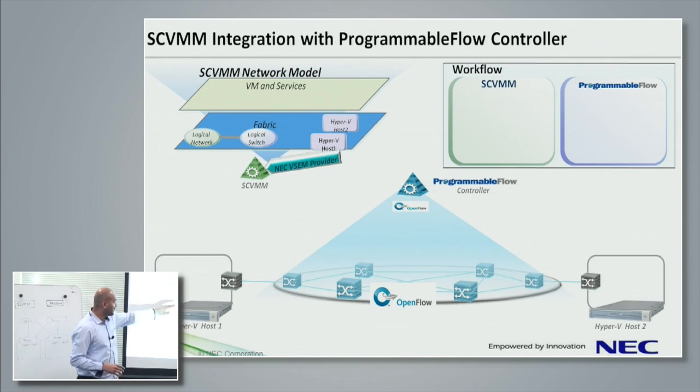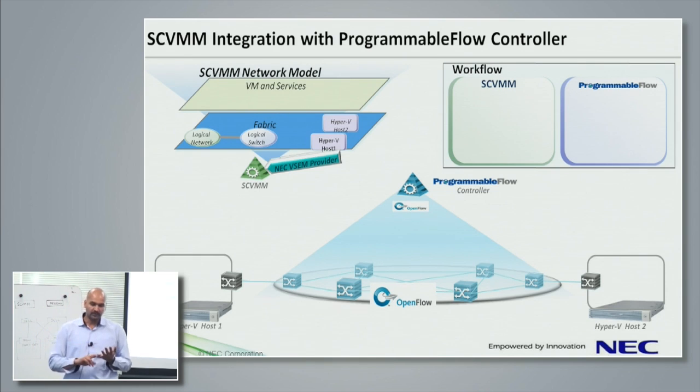VSEM stands for Virtual Switch Extension Manager. This extension manager is tightly coupled with the System Center's Network Manager. So whenever a new network is created on the System Center, that triggers an API call to the controller using this VSEM provider.